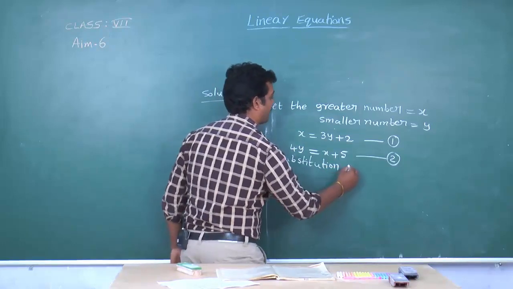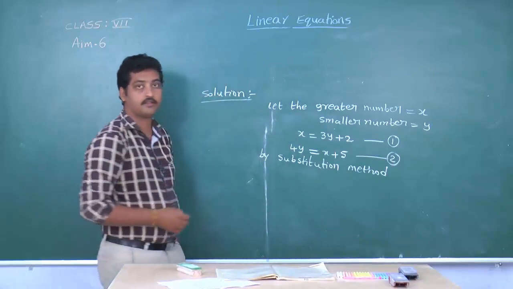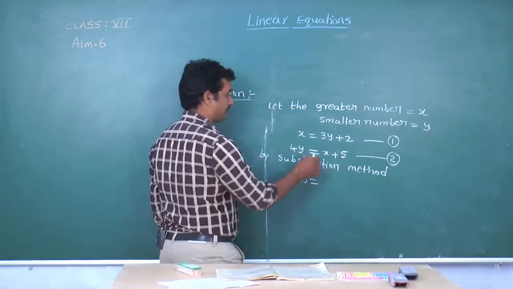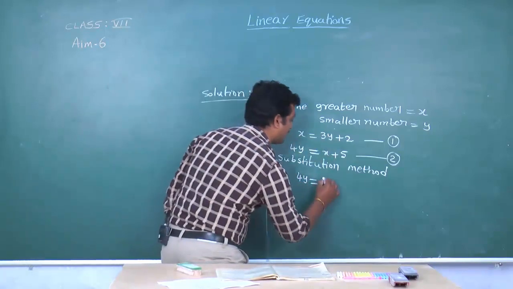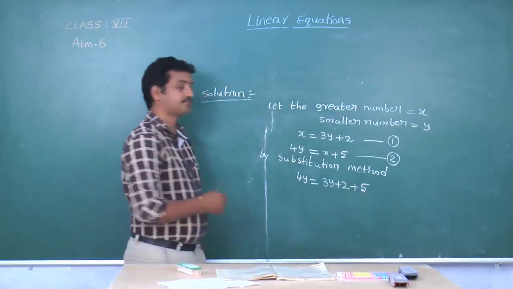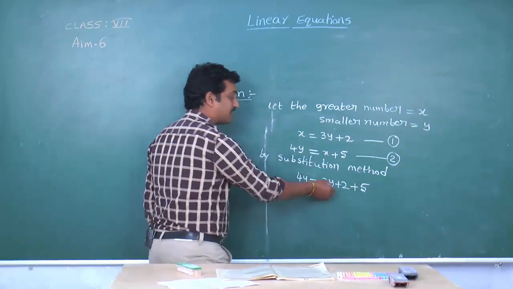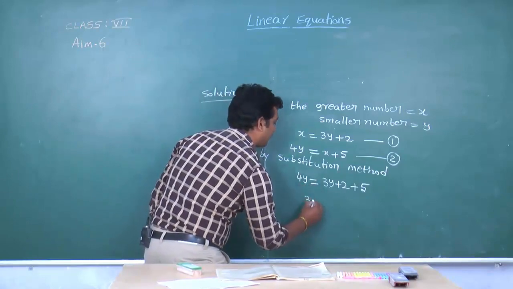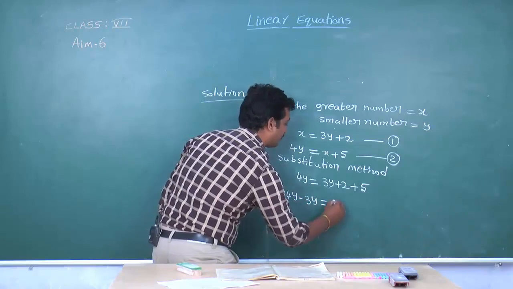By substitution method, 4y is equal to, I can replace x by 3y plus 2, so 3y plus 2 plus 5. Therefore, transposing 3y to the left hand side, 4y minus 3y is equal to 7.